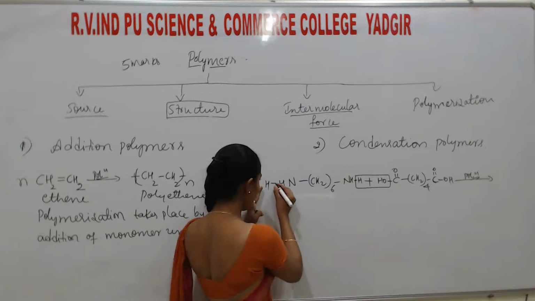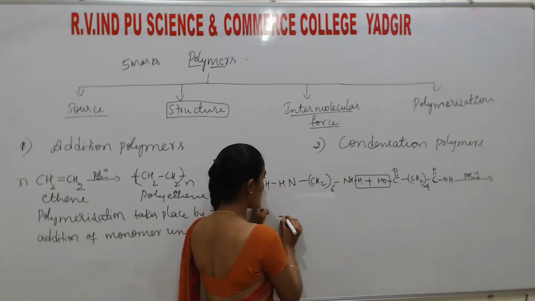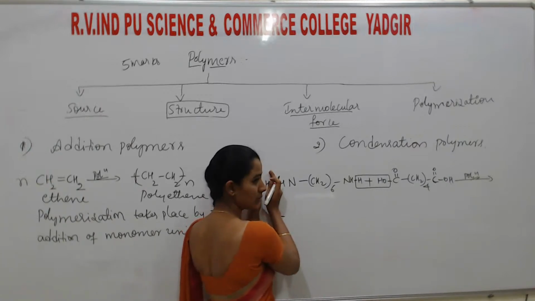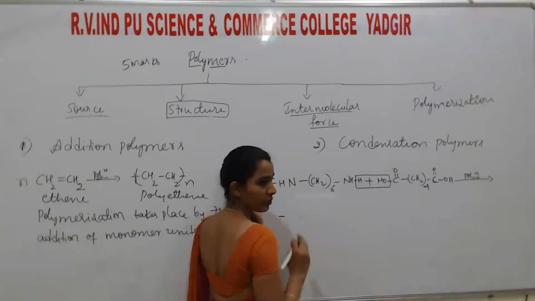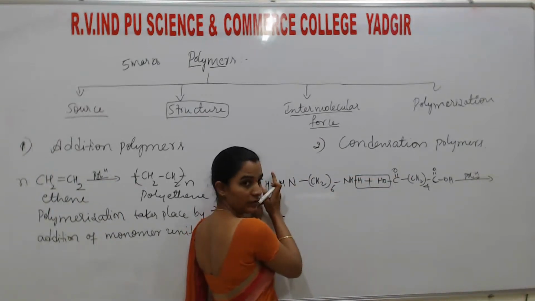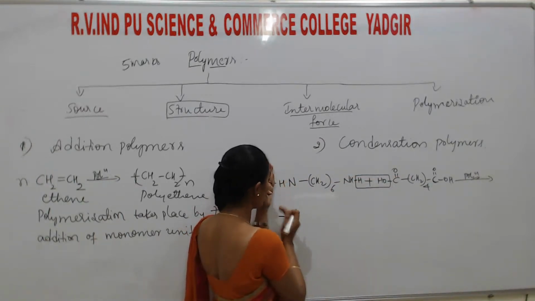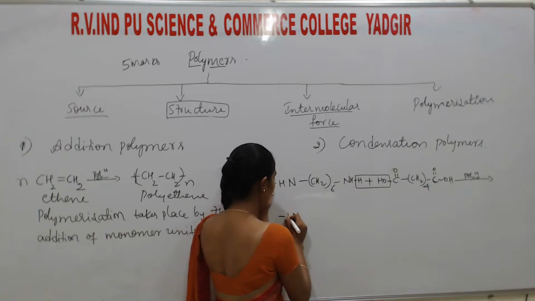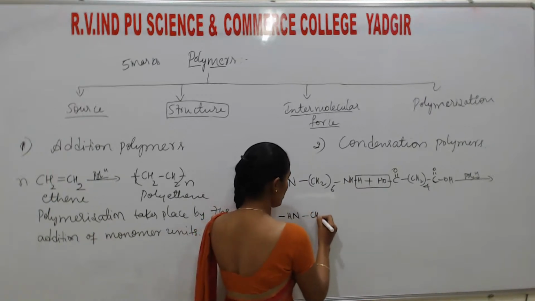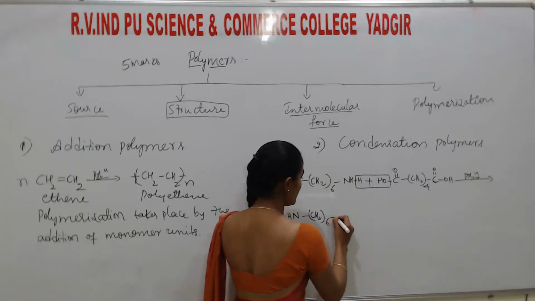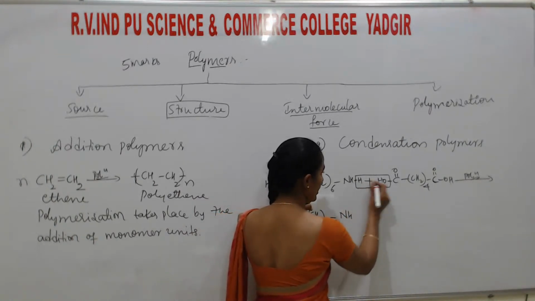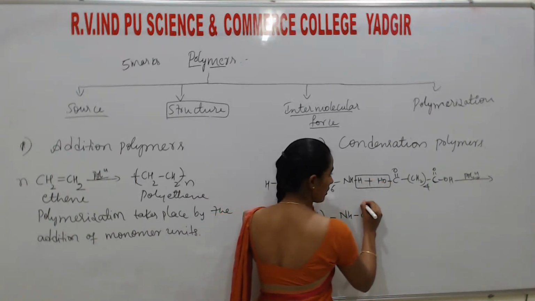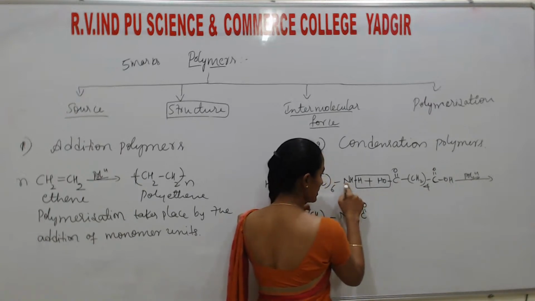Next, here it becomes a single bond, because this H will also be removed along with an OH from another molecule. So it will form a partial structure. NH, CH2 6 times, NH, then H2O is removed, so C double bond O after NH.